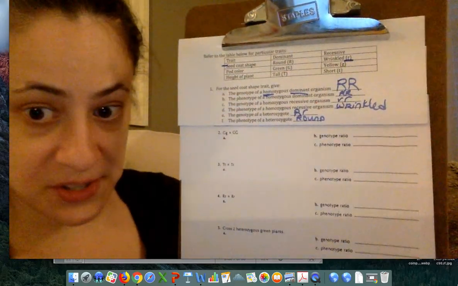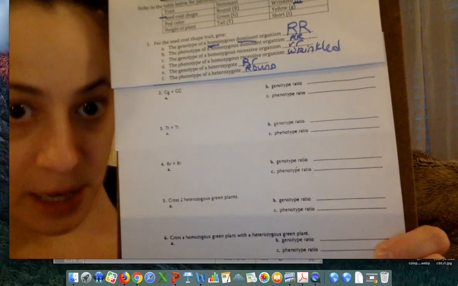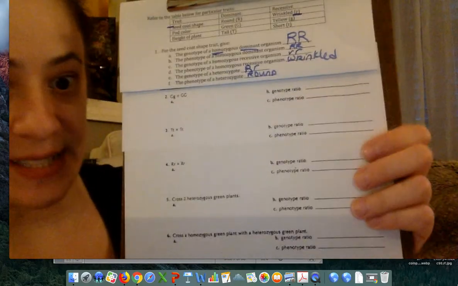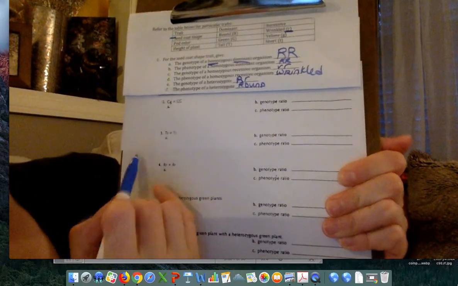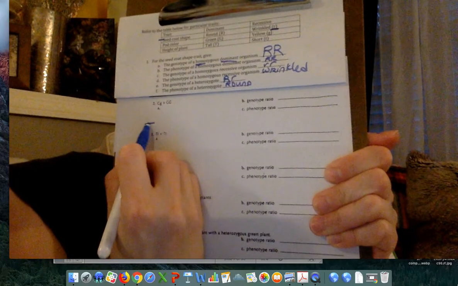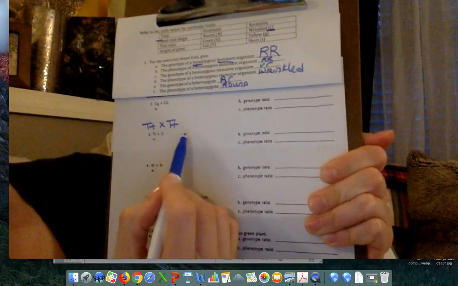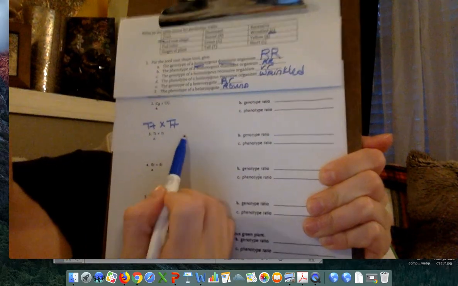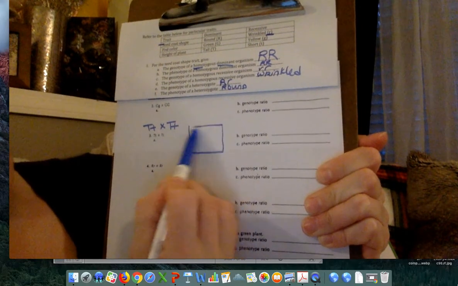And I'll just go through a couple of these problems, not every single one, but just to give you a general idea of how these are done. So for this one, number 3, here we are crossing big T little t with big T little t. Now, these are 2 heterozygotes that are being crossed.